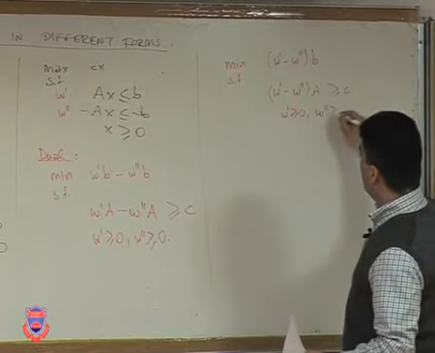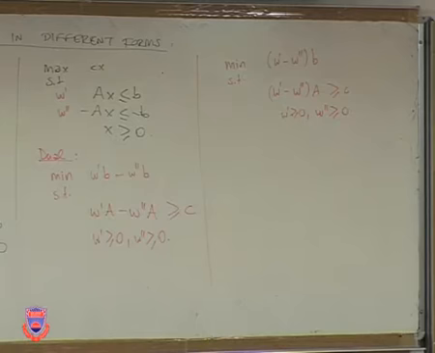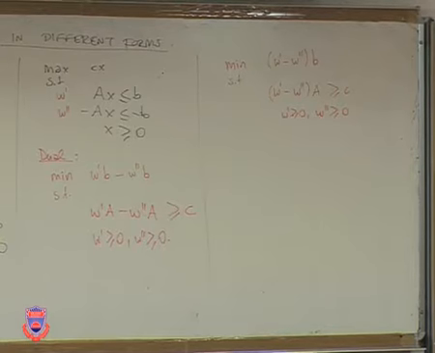W double prime is greater than or equal to 0. Okay? So all I'm doing is factoring B in the objective function and factoring the matrix A in the constraints, basically. Okay?